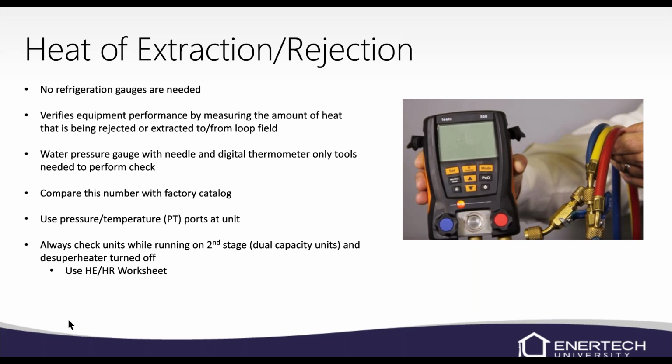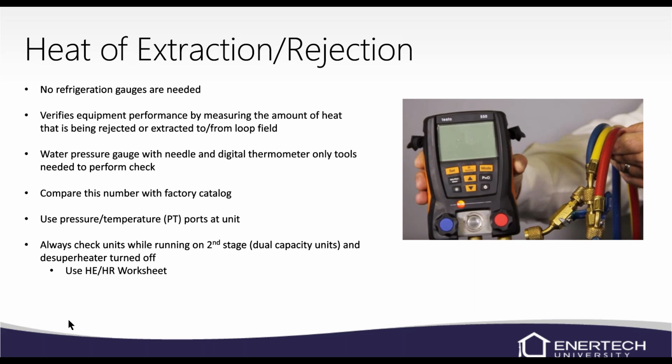So we do carry both of those. You can get them online, I'm sure, as well, but you're definitely going to need a digital thermometer and a pressure gauge, and you're going to need the IOM or the contact number for tech support, where we can look it up in the IOM, your heat of extraction and your pressure drop. Because we're going to compare the numbers that we calculate with what's in the catalog, in the IOM.